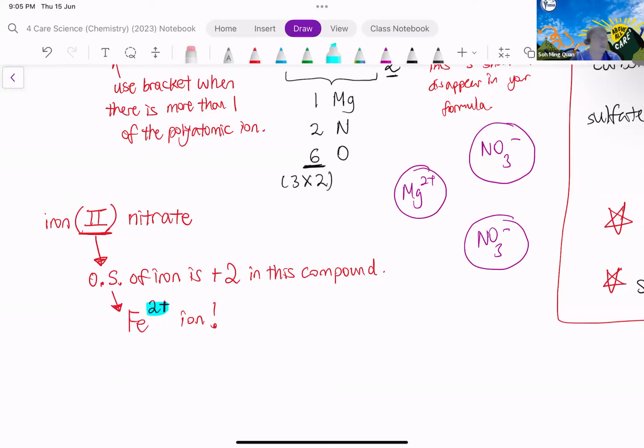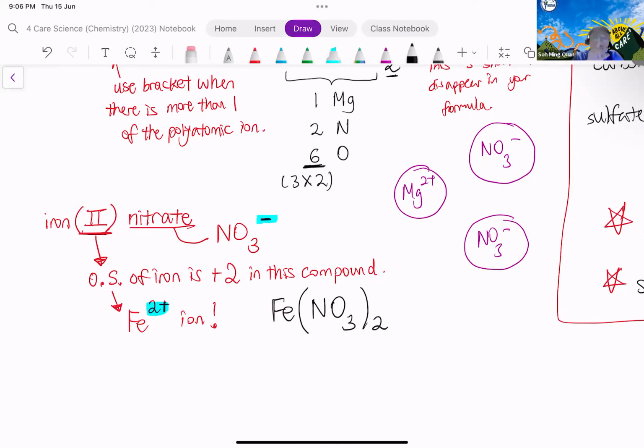Now, the moment you know there's Fe2 plus, things become very straightforward because nitrate you memorize is NO3 minus. Remember, NO3 with a 1 minus charge. So 2 plus on the iron, 1 minus on the nitrate. Therefore, to balance out, I need 2 nitrates to balance out the double positive on iron. Okay, so remember the 3 doesn't disappear.